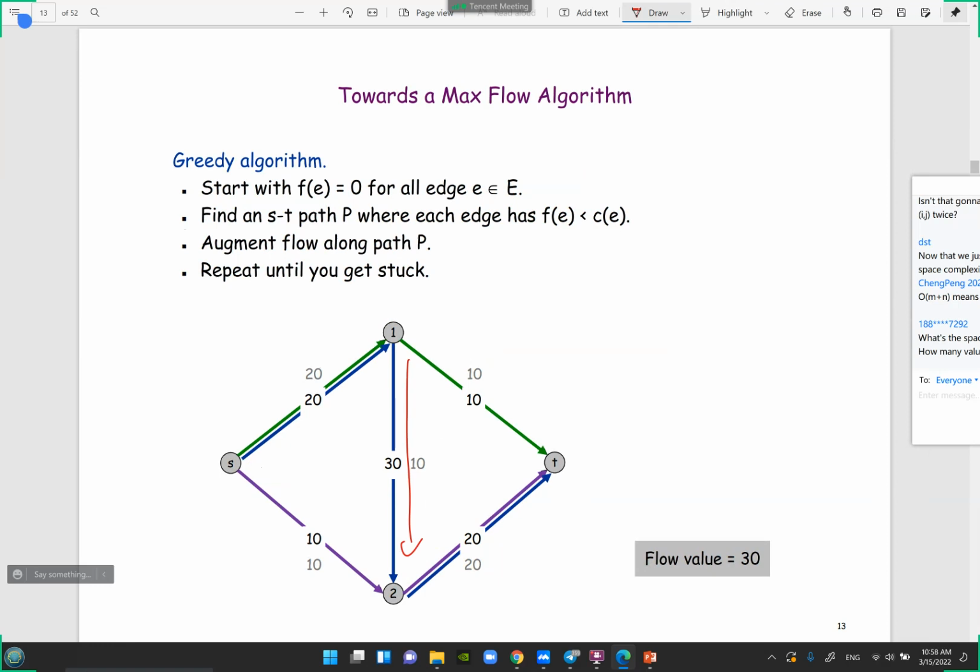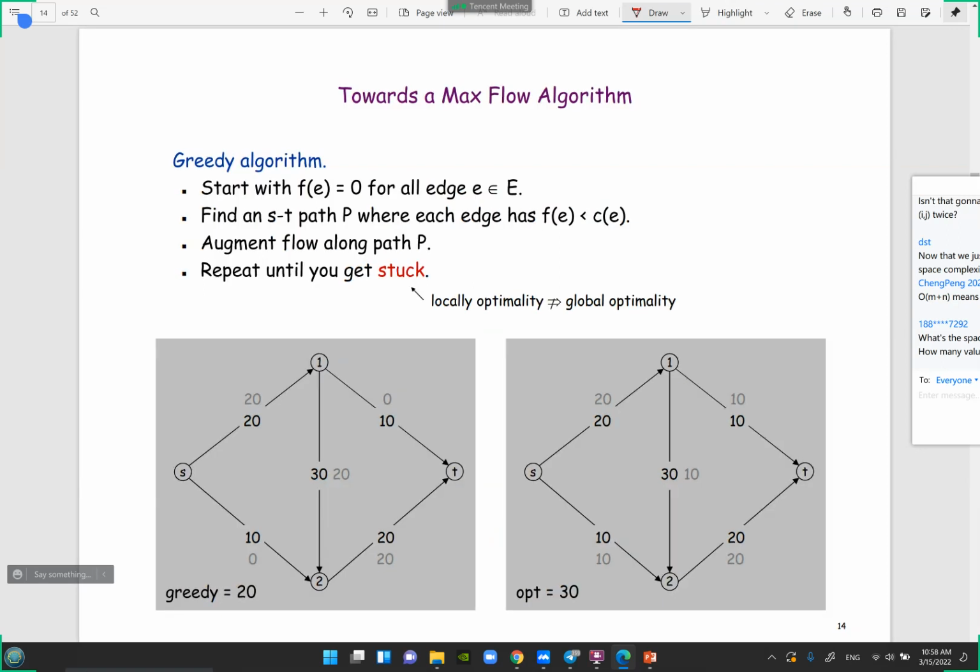The greedy algorithm only gets you 20 units of flow, but the maximum flow is at least 30. In other words, the greedy algorithm is not going to produce the optimal answer in some cases. The greedy algorithm can only find these locally optimal solutions, which is not equal to the actual, globally maximum flow.